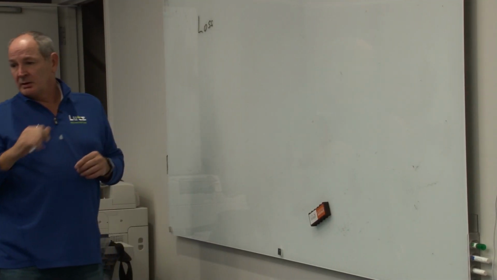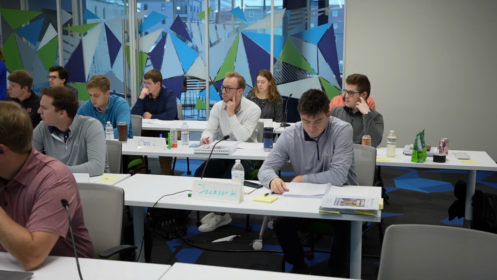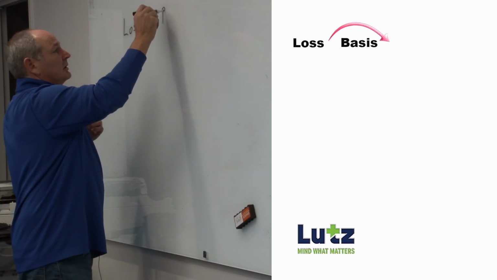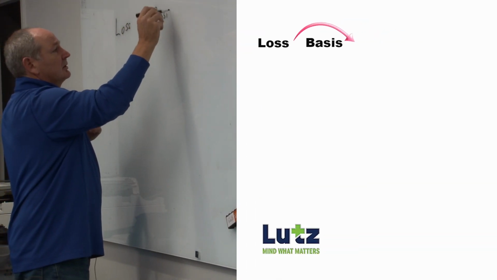So what did I say the hurdles were? My description: there's a loss. Hurdles help you diagnose what? Whether it gets to the 1040 or not. Okay? So the first hurdle that the loss has to jump over is basis.